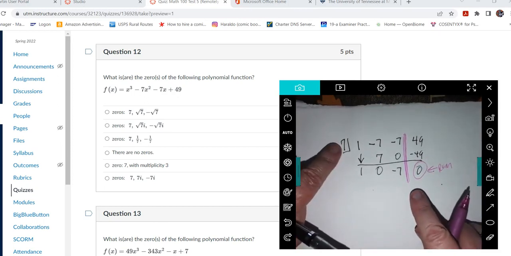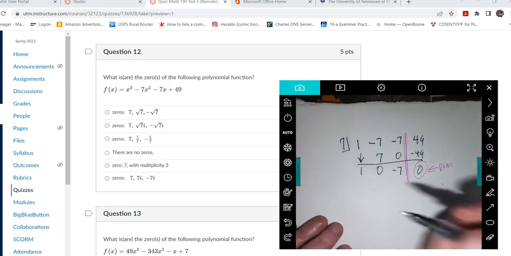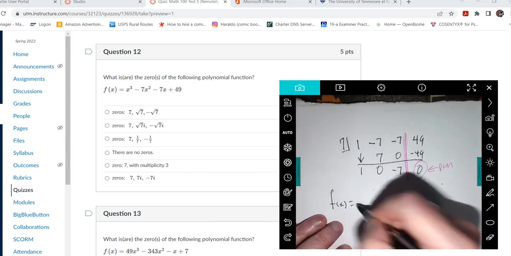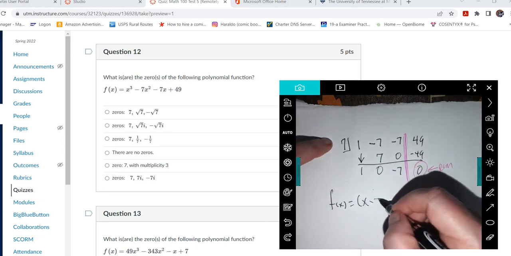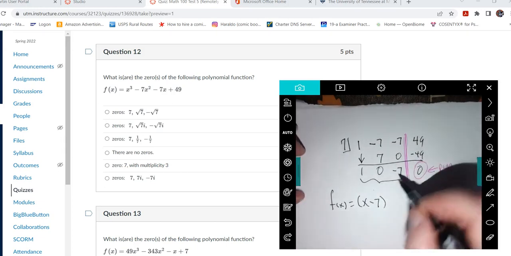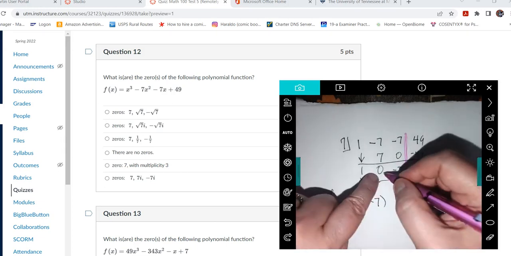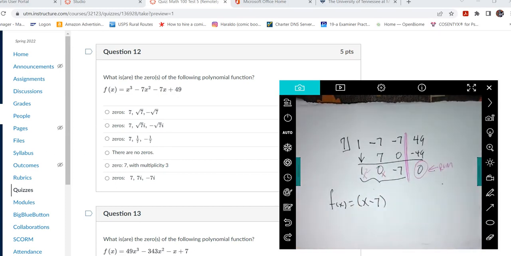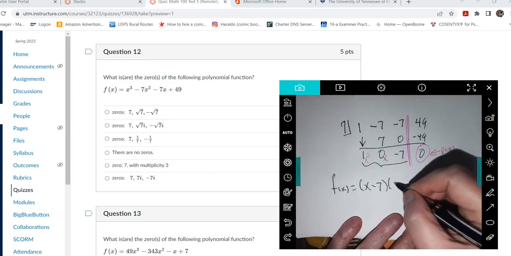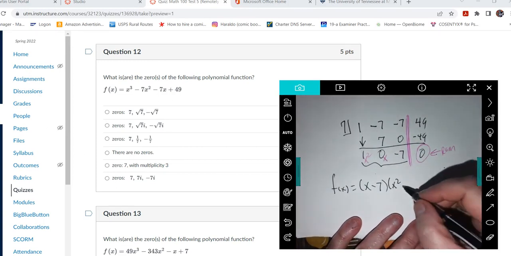That means the number in the box is a zero. That means x minus the number in the box is a factor. So we can factor f of x now as the divisor, which is x minus the number in the box, times the quotient. That's my constant, that's my coefficient for x, that's my coefficient for x squared. So I'm going to have x squared plus 0x minus 7.